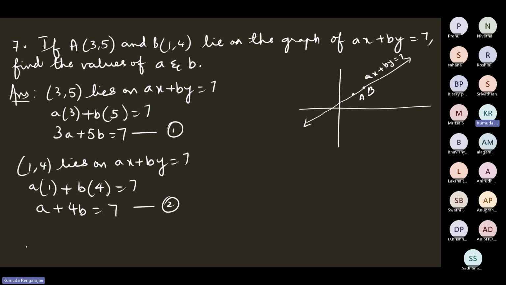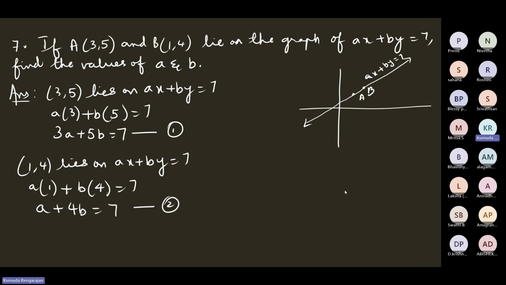Now I'll tell you how you can solve two equations like this, children. Write the equations one below the other. So like 3a plus 5b is equal to 7 and a plus 4b is equal to 7.